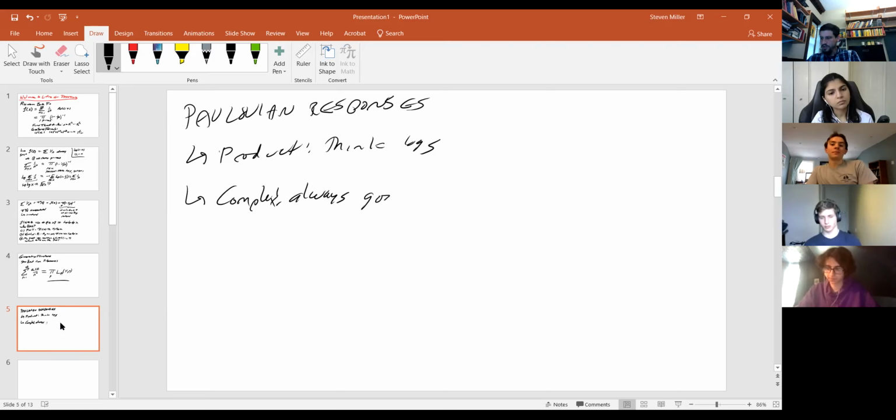So in complex analysis, it's always good to do a contour integral. And anybody know what we should do a good contour integral of for those of you who have done complex?